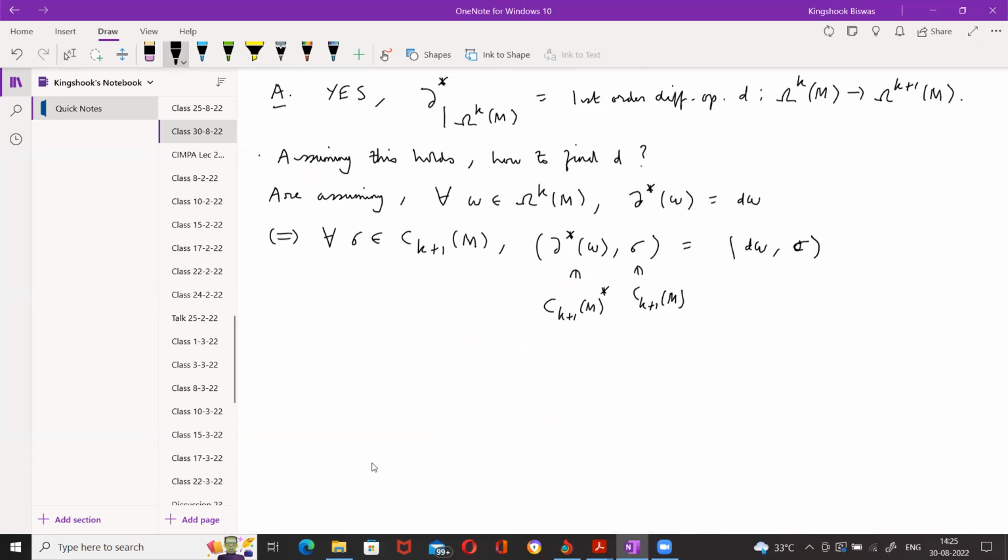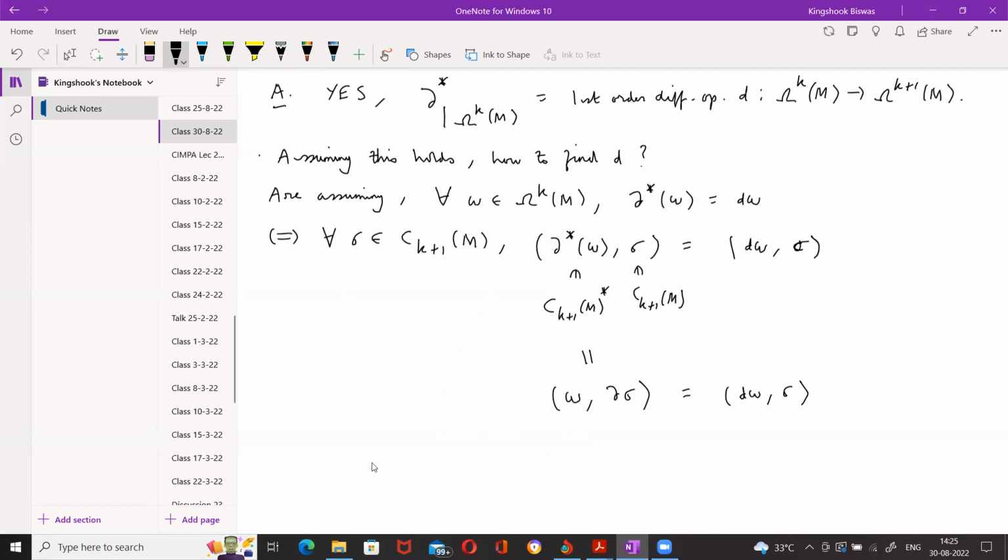By definition of the dual operator, delta star, this pairing is the same as the pairing between omega and boundary sigma. This is by definition of the dual operator. So this becomes the same as the pairing between d omega and sigma.